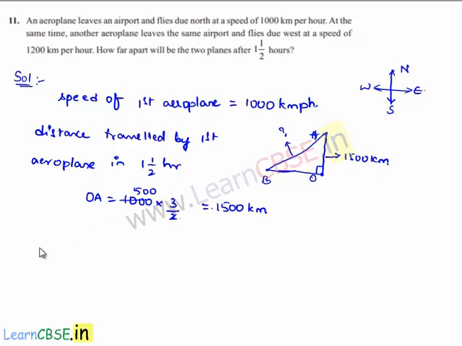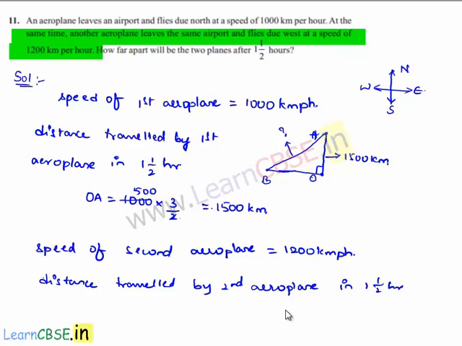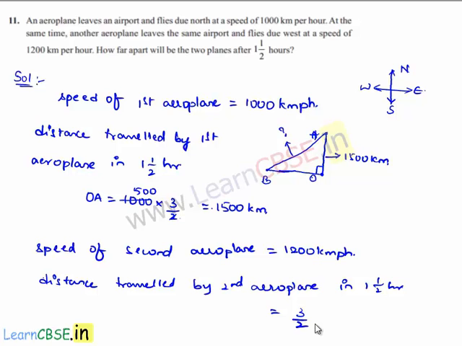Now similarly, the speed of second aeroplane is 1200 km per hour, and let us calculate the distance travelled by second aeroplane in 1.5 hour, which is equal to 3/2 times 1200 km per hour, that will be equal to 2 goes in 1200 600 times, we get 1800 kilometers.